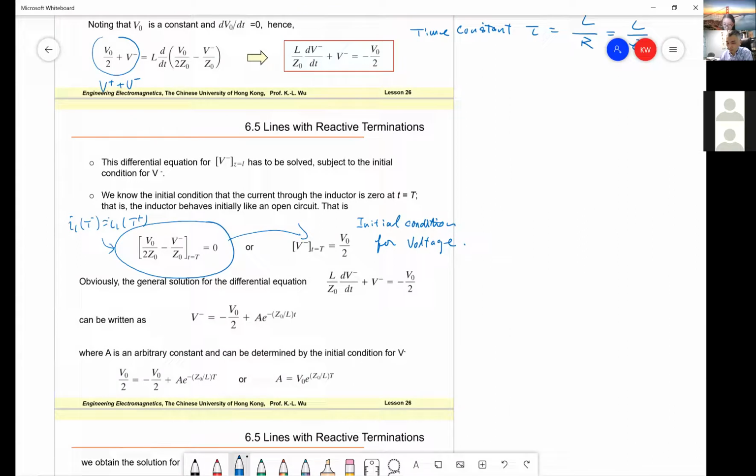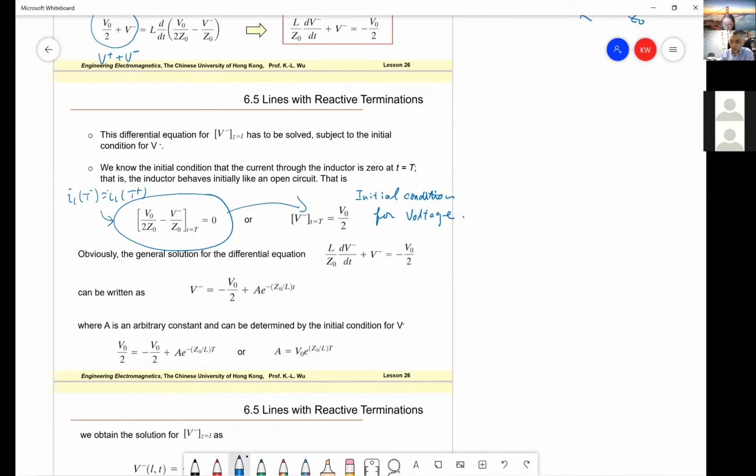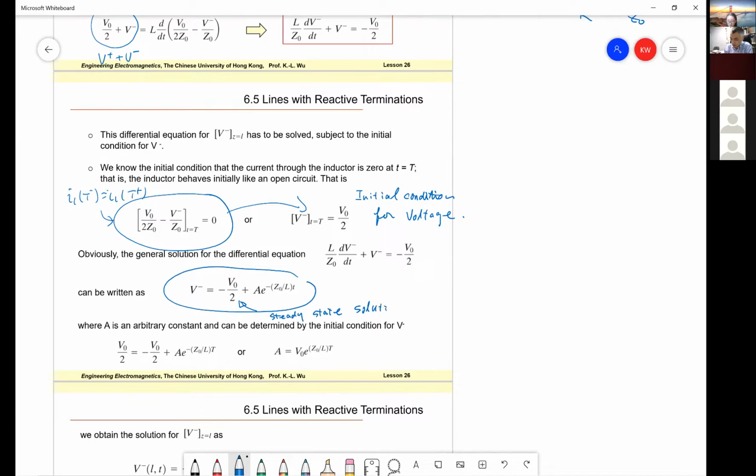From the differential equation we have, and the time constant, and also we know the steady state, then we can construct what this solution is.